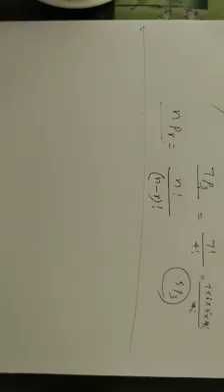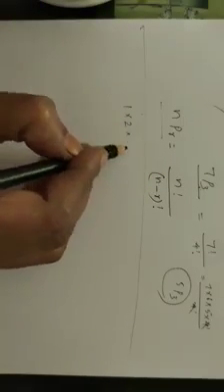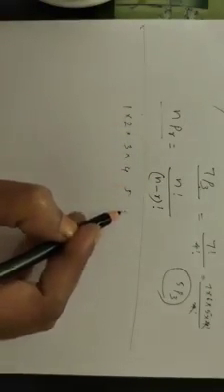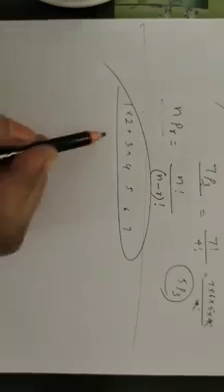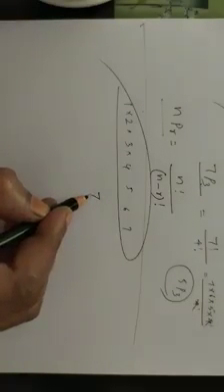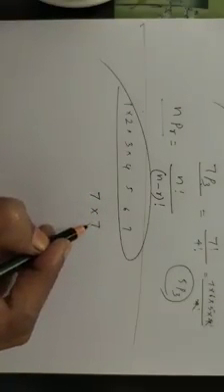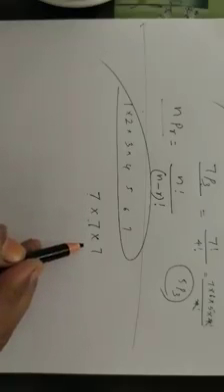If repetition of the digits is allowed, out of 7 digits 1, 2, 3, 4, 5, 6, 7, how will you find a 3-digit number? If repetition is allowed, for the first place we have 7 chances, for the second place again 7 chances, and for the third place again 7: 7 into 7 into 7.